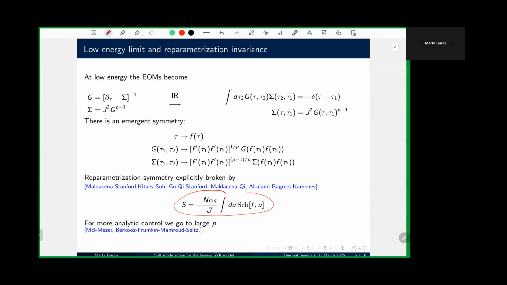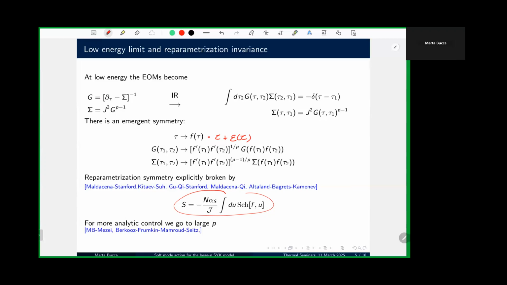They derived it for linearized reparameterizations, so f of tau equal to tau plus some small epsilon of tau. And then they provided arguments to generalize this for generic f of tau. And then there was another argument by Kitaev and Suh. So this result has been known for a while.